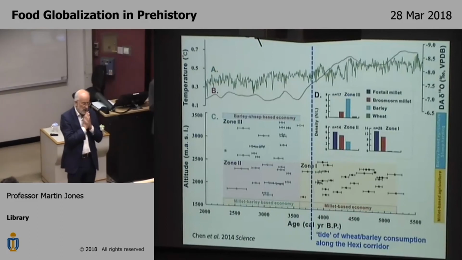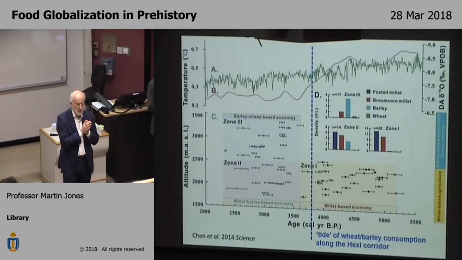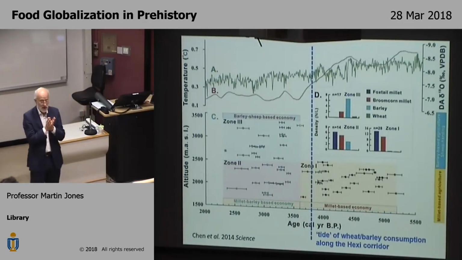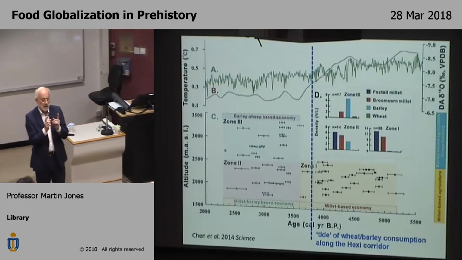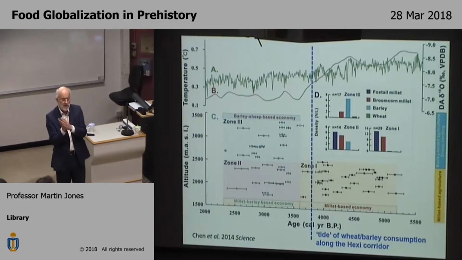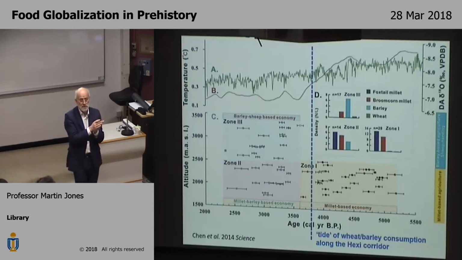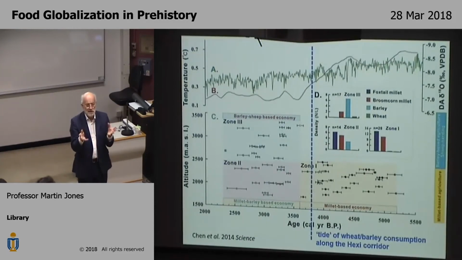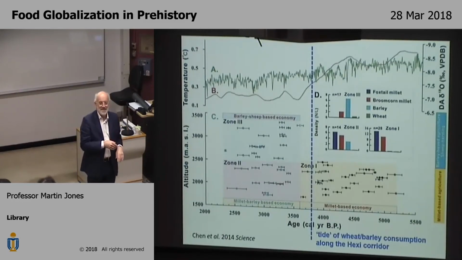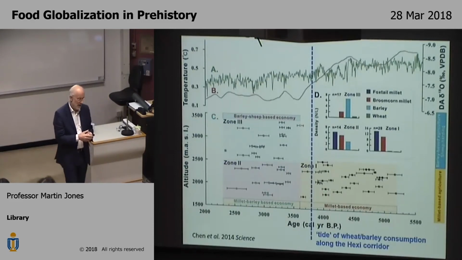archaeobotanical evidence. In terms of archaeobotanical evidence, it's important in relation to your question to say that if you look at the charred evidence, it is inherently biased towards cereal crops. So if you burn a lot of what's in the kitchen, then the cereal grains remain identifiable.